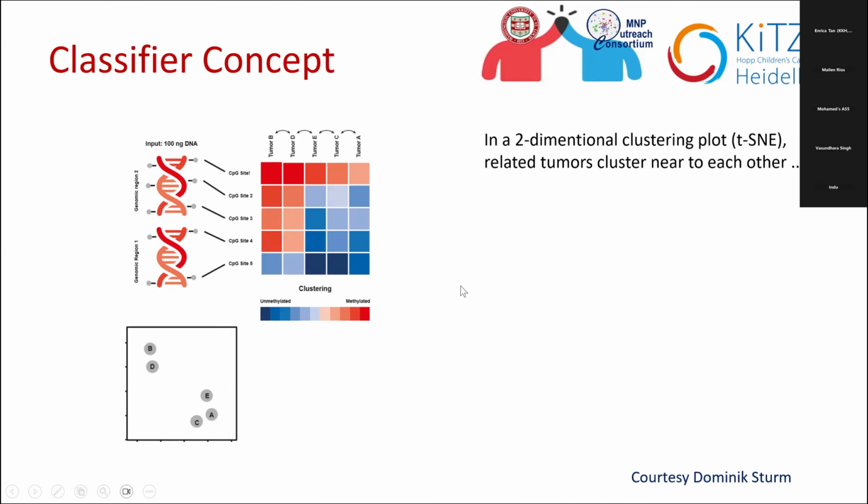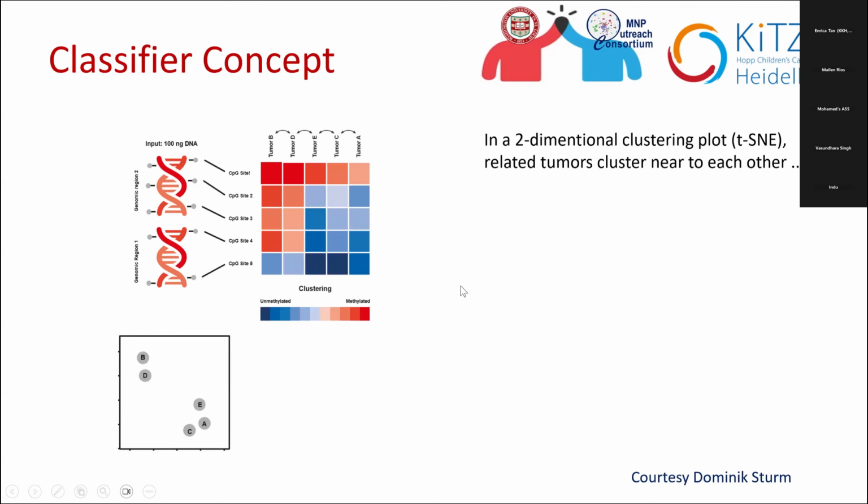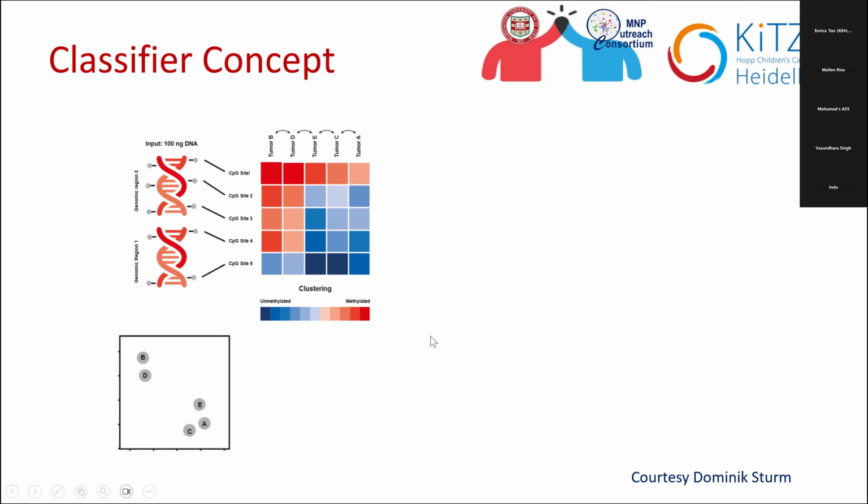When we plot these tumors on a 2-dimensional clustering plot, or what we call the t-SNE plot, then related tumors, B and D here, for example, they would cluster closer to each other.